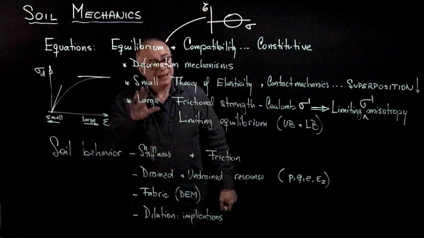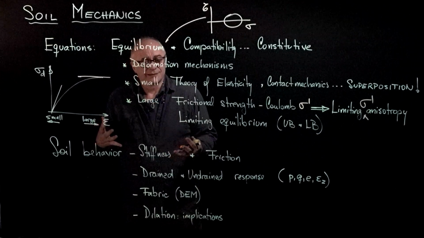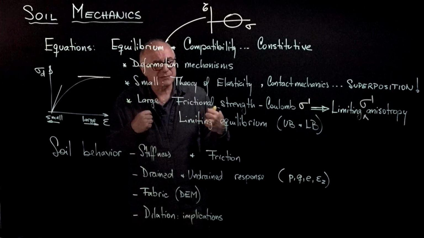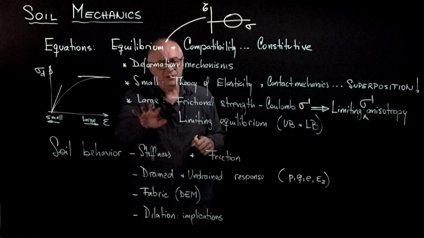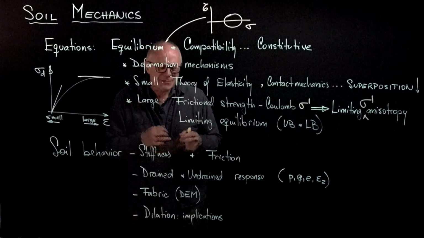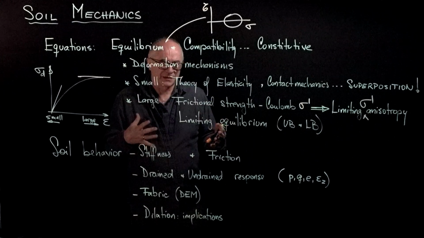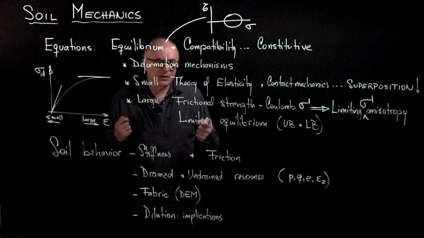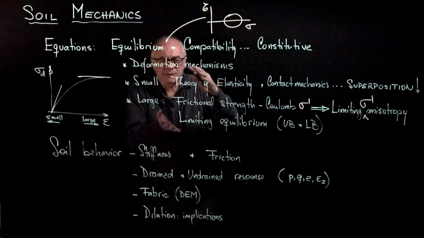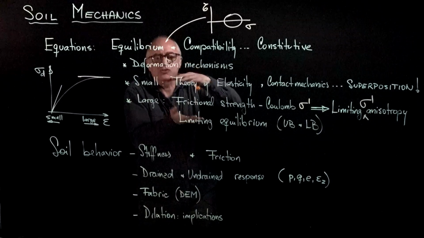Now, another very important concept in mechanics that allows us to solve problems that involve large strains is the fact that we may not be able to reach the perfect solution, but we may come up with a reasonable upper bound and a reasonable lower bound so that we can bracket the actual solution.